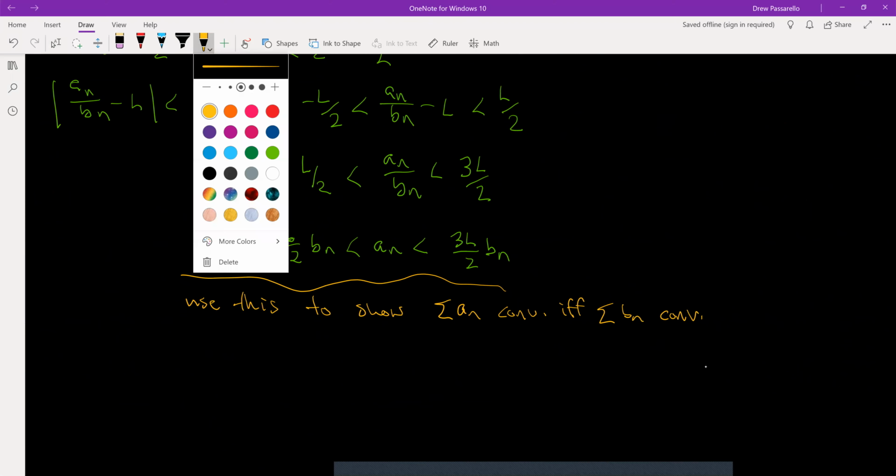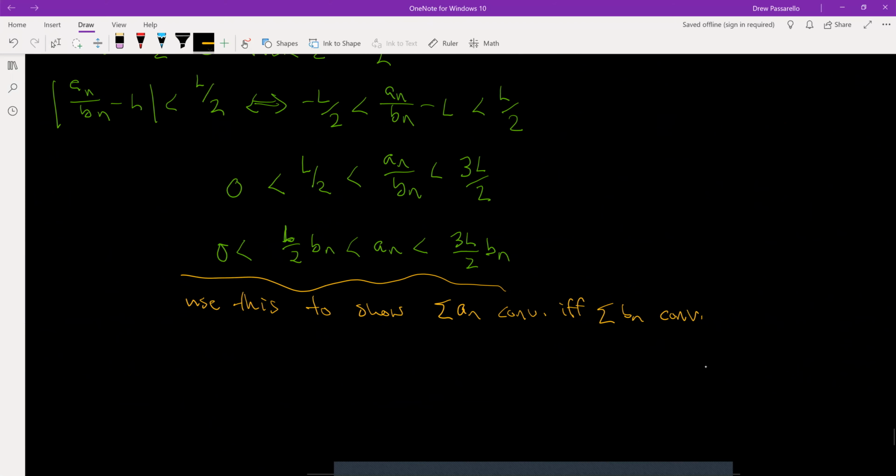So I'll just write that comparison test for convergence, and I'll use different letters. If you have that 0 is less than or equal to xn, less than or equal to yn, then the series yn converges implies that the series xn converges.